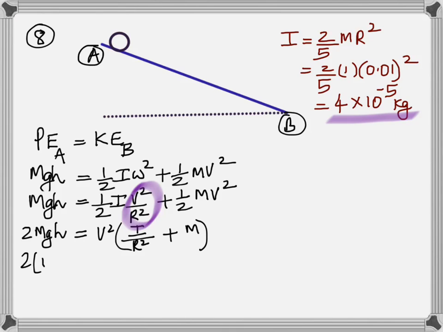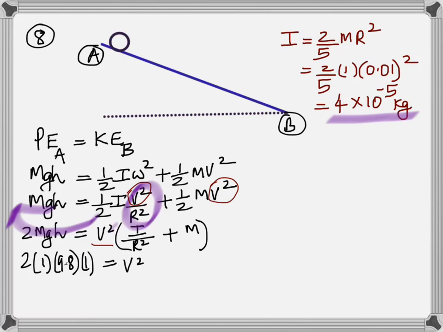And then what I did here is I brought the 2 onto this side. So that's why the half on the right side becomes 2 on the left side. And also I took out velocity squared as common factor. You see the velocity squared? There's both in these two terms, you have those. So that's taken out. That's how I got that formula.